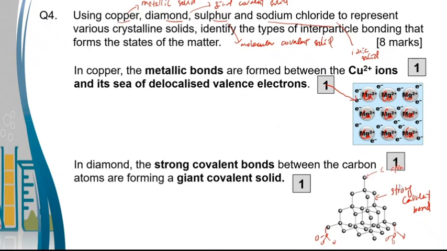For metallic solid, you must mention the metallic bond between the copper ion and the sea of delocalized valence electrons. As for diamond, the atoms are held by strong covalent bonds, and you must also mention the type of solid, which is giant covalent solid.